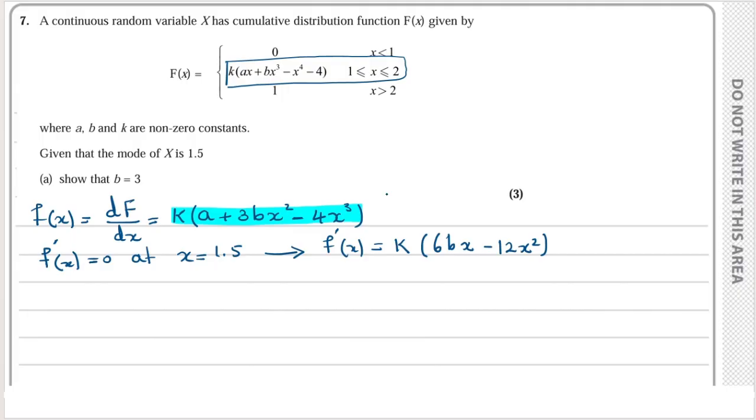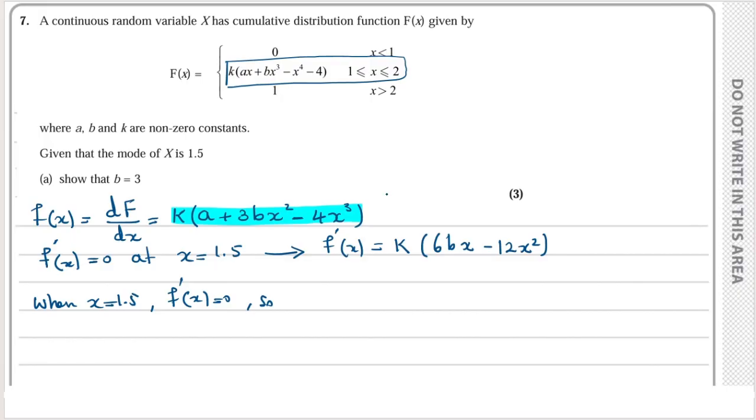So then we know that at x equals 1.5, f dash of x is equal to 0.